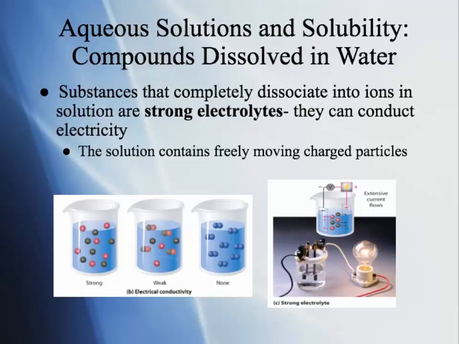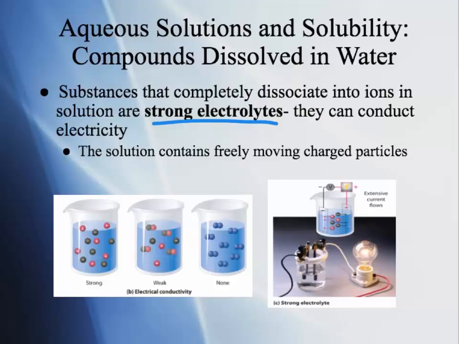The substances that completely dissociate into ions are what we call strong electrolytes. These guys can conduct electricity. Why? Well, remember, we've got charged particles, and anytime you have charged particles, you can conduct electricity, because electricity is basically just electrons jumping from one atom or ion to another.